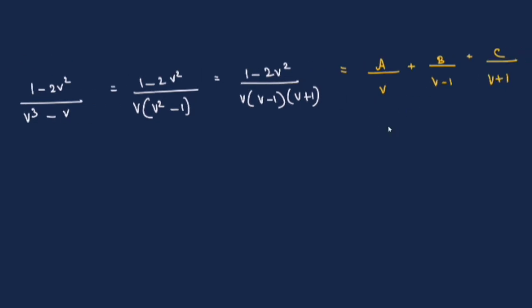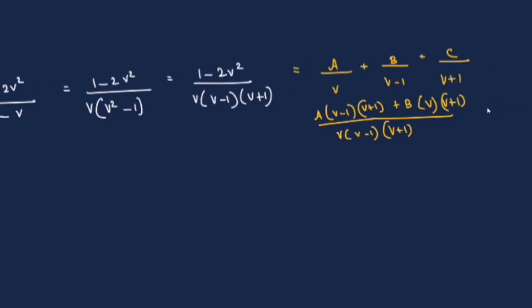So the LCM is v into (v minus 1) into (v plus 1). So you get A into (v minus 1) into (v plus 1), plus B into v into (v plus 1), plus C into v into (v minus 1).